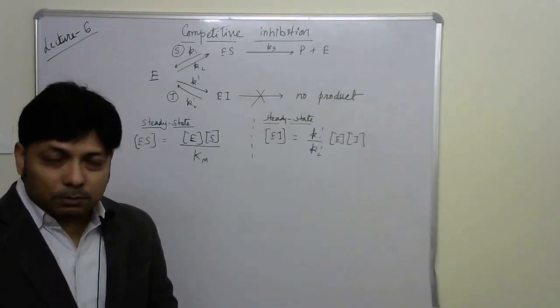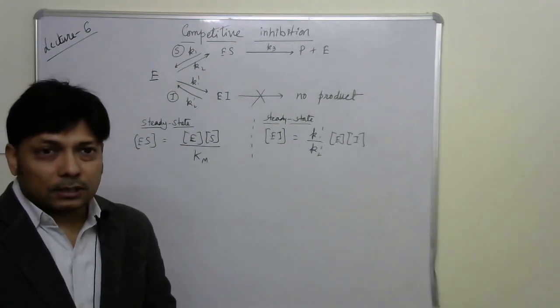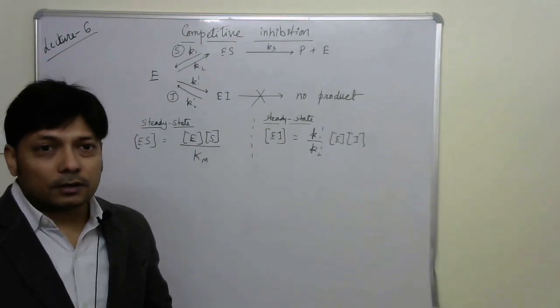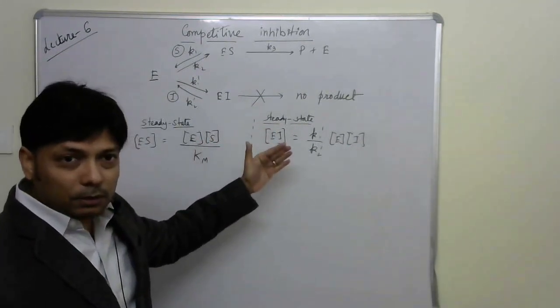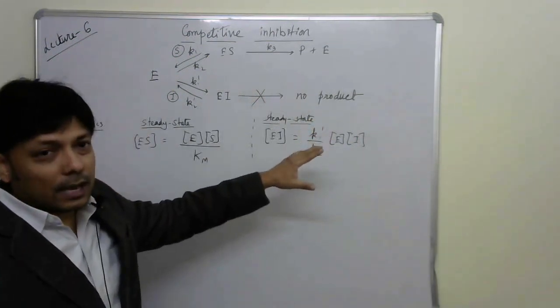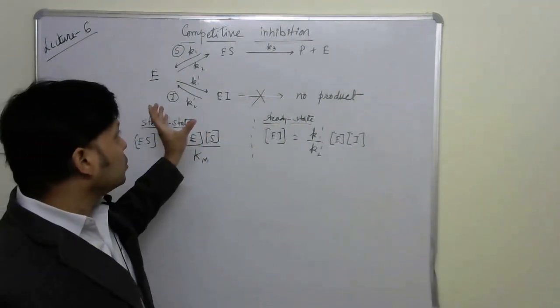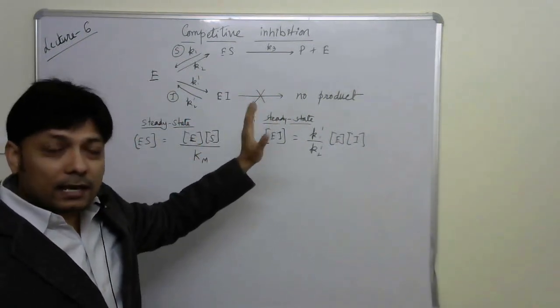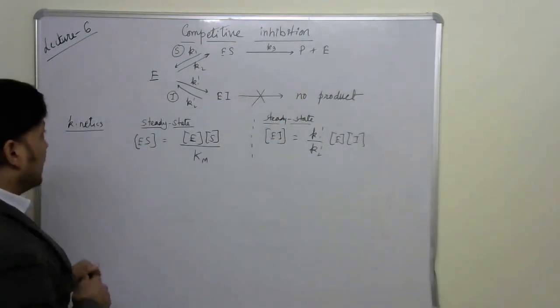But in reversible inhibition, the products do form, but in some kind of hindered manner. In a competitive inhibitor, the product is being formed, but alongside there are some other activities going on which can slow down the product formation. That we will take a look at later.